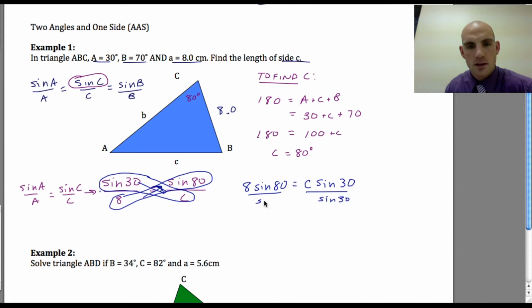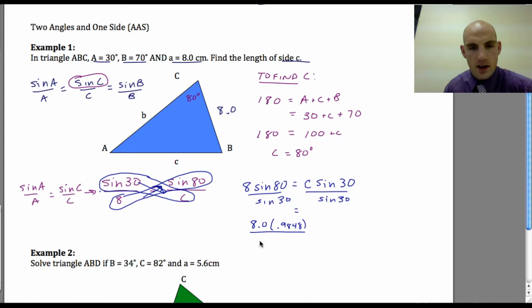Cross multiply and divide. And what I end up with is a series of decimals. So I have 8.0, that's what they gave us, times 0.9848, and make sure that you have your calculator in degree mode.